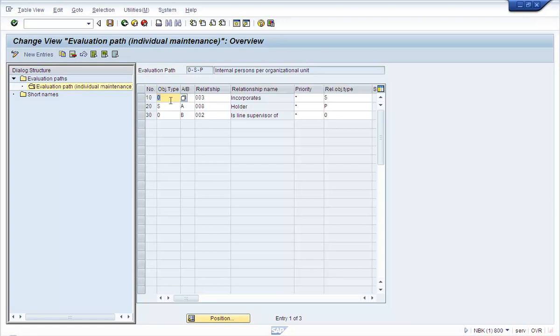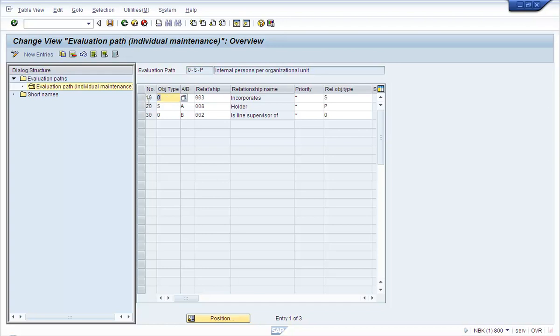So the evaluation path first selects all the positions from row 1 of the definition.